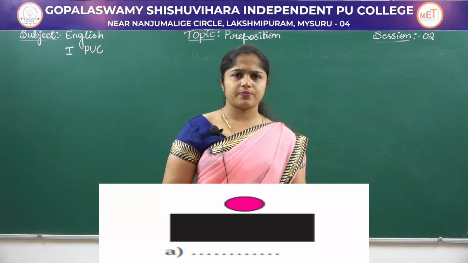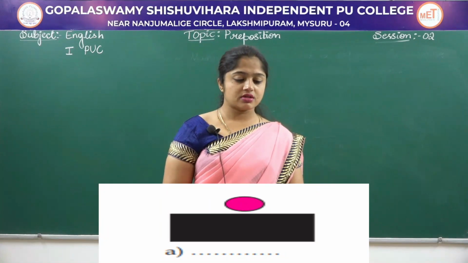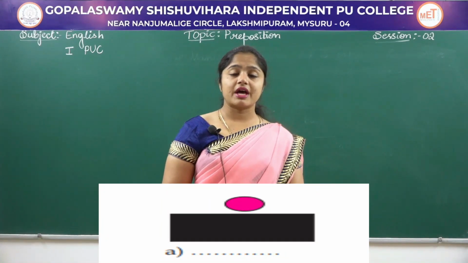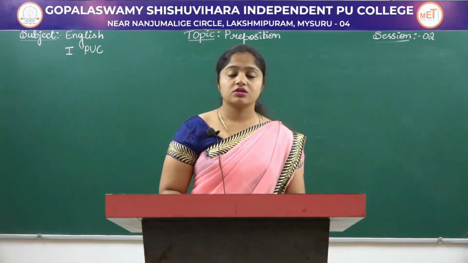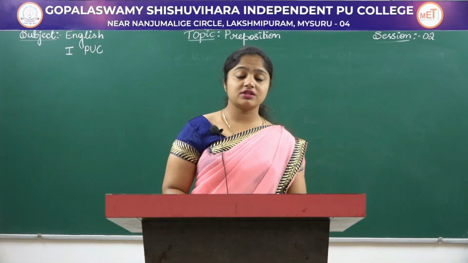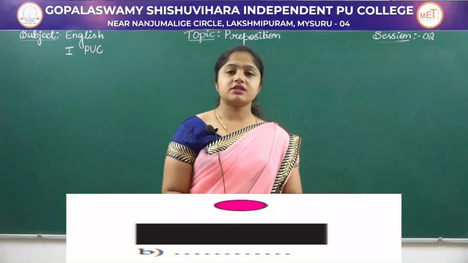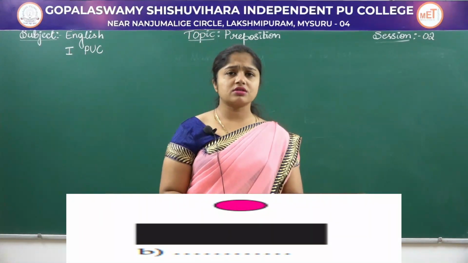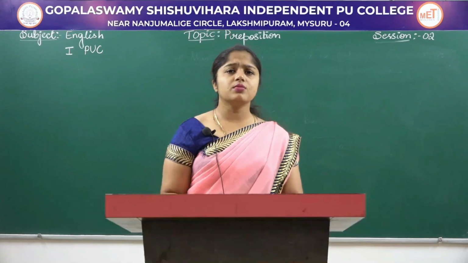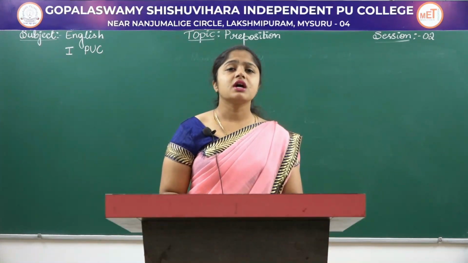The first picture, there is a box and there is a ball. What does it show? That is over. The second one, there is a box and on top of that there is a ball. That is above.